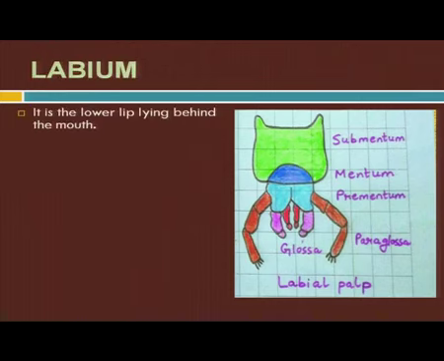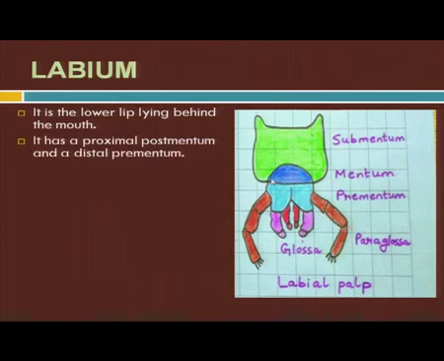As you can see in the picture, the labium looks like this. This is the lower lip, which lies behind the mouth, and it has two regions, the proximal postmentum and a distal prementum.